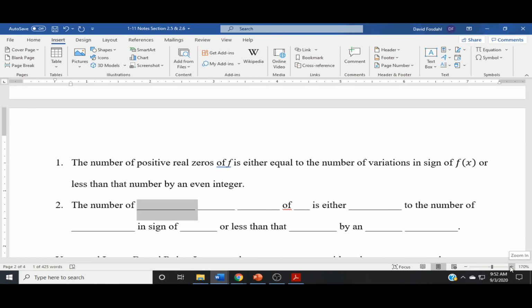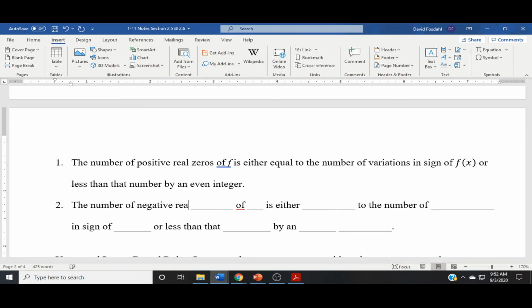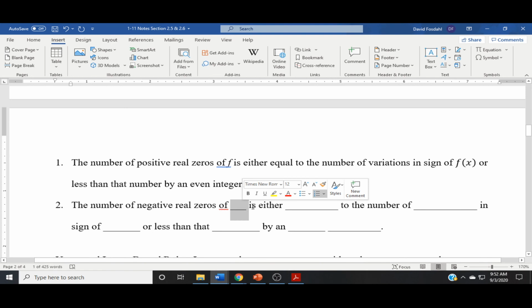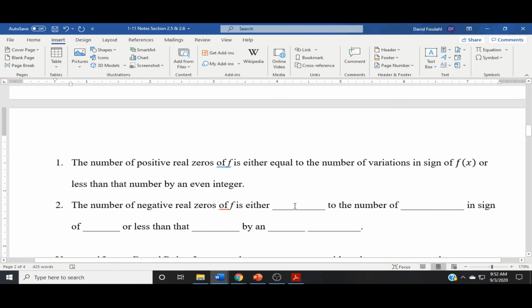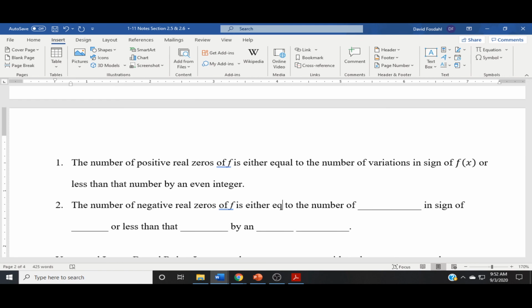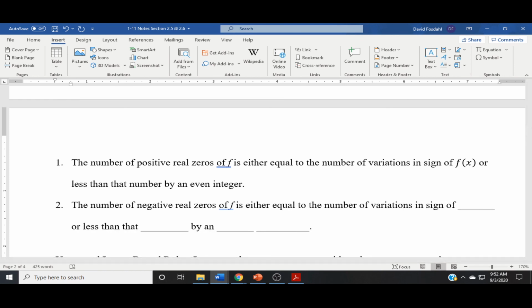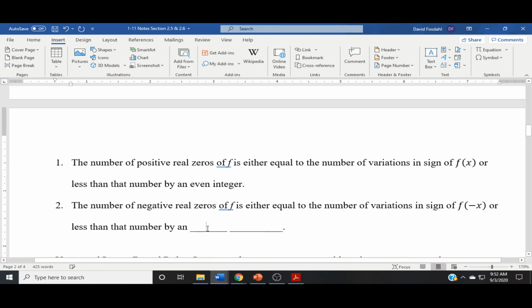The number of negative real zeros of f is either equal to the number of variations in sign of f of negative x, or less than that number by an even integer.